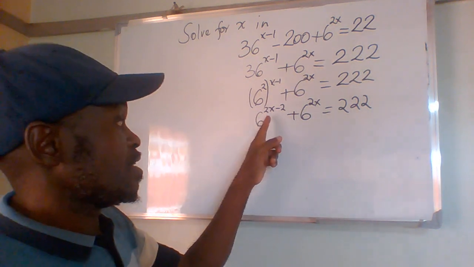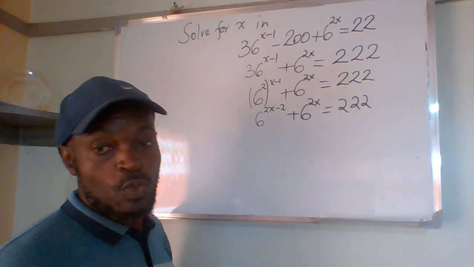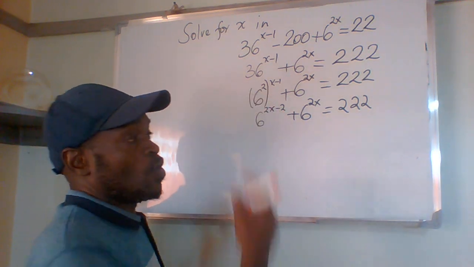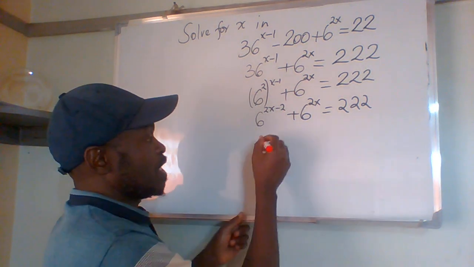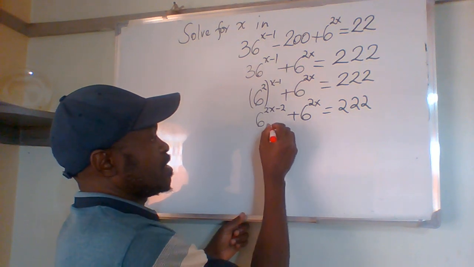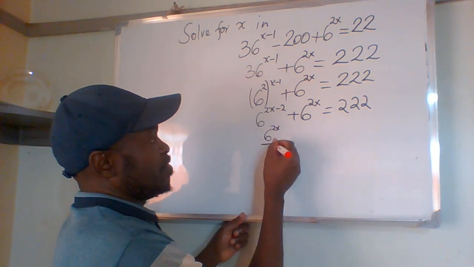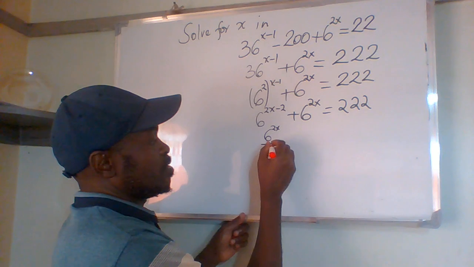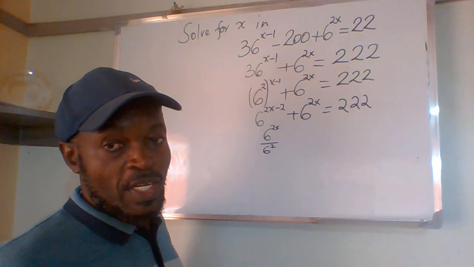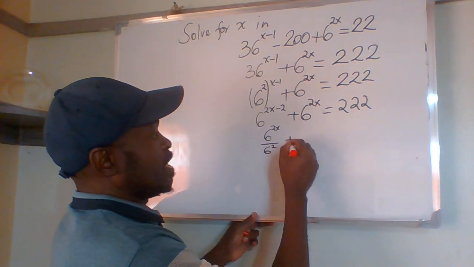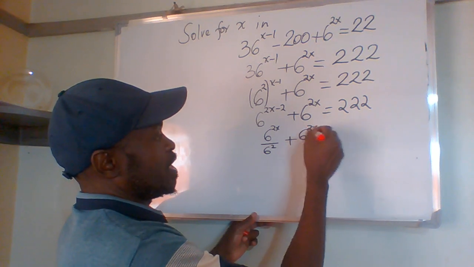So like in this case, we have 2x minus 2. It means that before we subtracted, what we had was 6 power 2x divided by 6 power 2, which is actually 36.